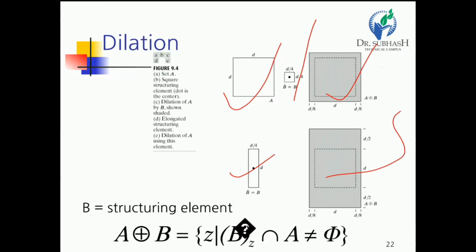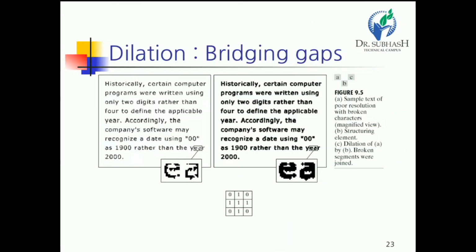So in figure A, the dilation A by B, where B is the structuring element, can be represented with this function: the reflection of B intersects A is not the empty set, right?